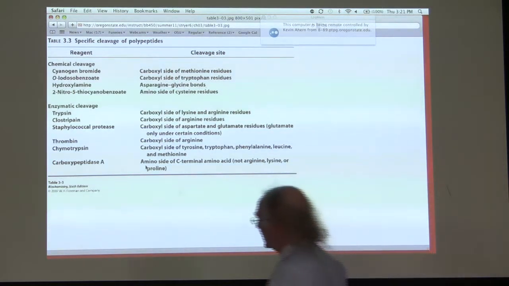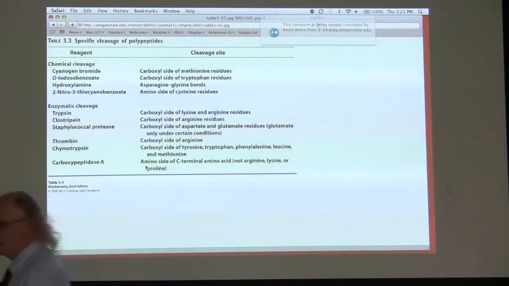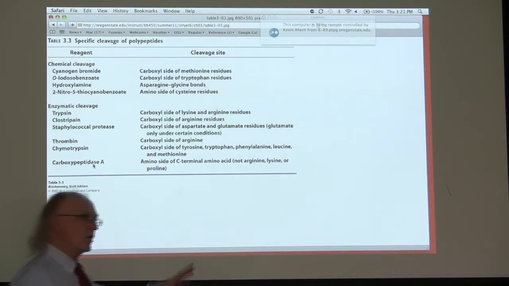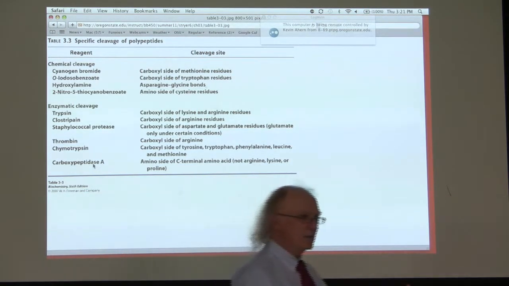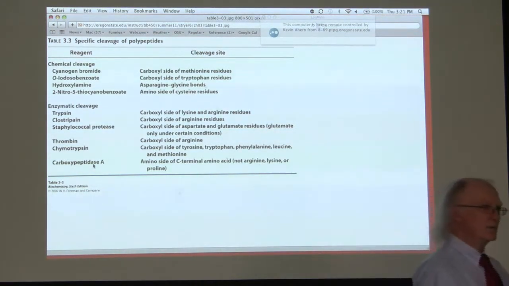Now the last one is a very useful one. It used to be actually used in some protein sequencing methods because it was a way of sequentially cleaving amino acids off of the carboxy terminus. Carboxypeptidase A is an enzyme that will start at the carboxyl end of a protein and clip an amino acid off.